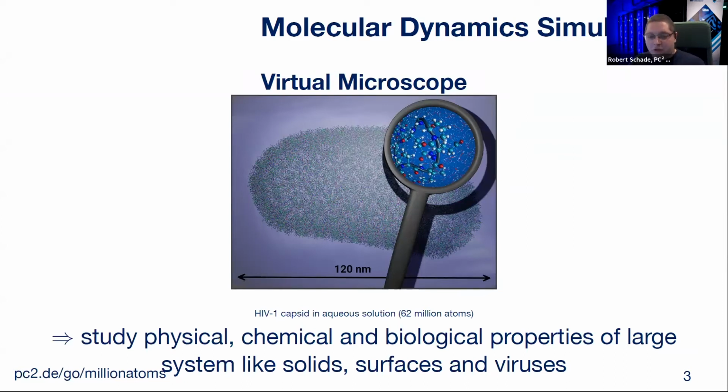Namely, the general idea, on a really rough scale, is to study the physical, chemical, and biological properties of large systems like solids, surfaces, and also most recently viruses, like here in this picture, the HIV-1 virus capsid solvated in water. This overall system has about 62 million atoms, and that becomes very challenging for molecular dynamics simulations, especially if you base them on electronic structure calculations.